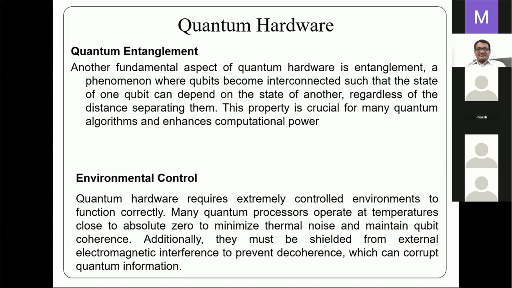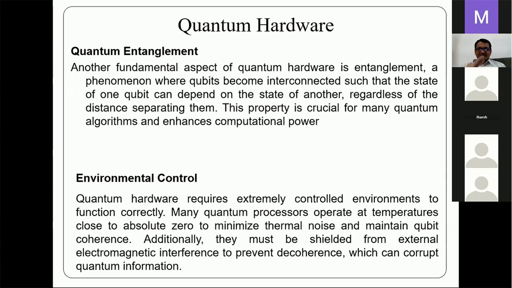This property is crucial for many quantum algorithms, and that is how it enhances computational power. That's the reason quantum computing requires a controlled environment for simulating or actually implementing the hardware structure of quantum. Is it clear?